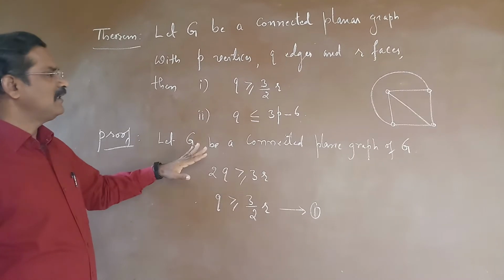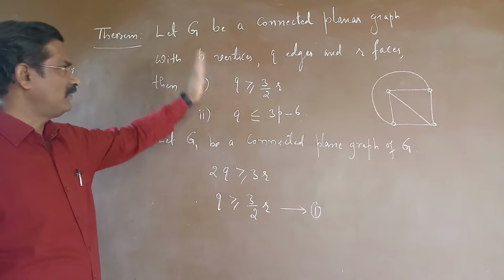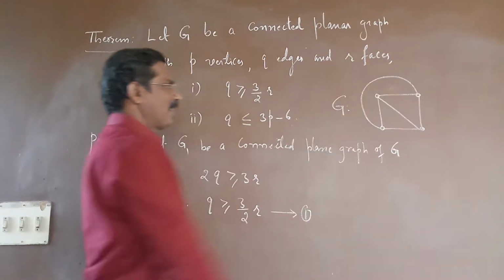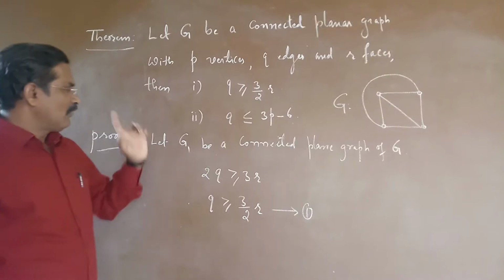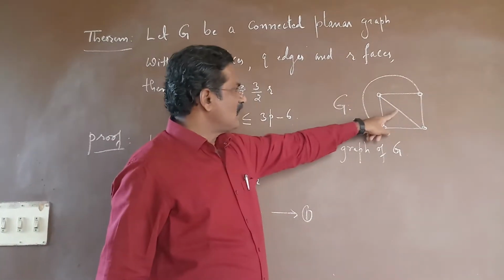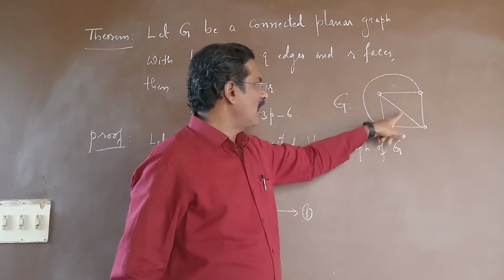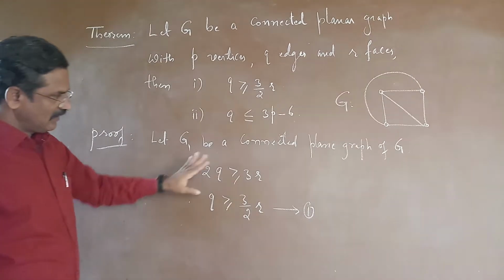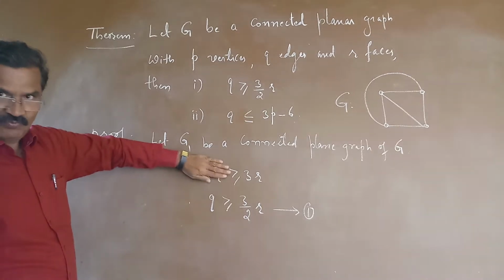Suppose G1 is a connected plane graph of the graph G. For example, this is one plane graph. Now, if we observe, one edge is exactly on the boundary of two faces, so we get 2Q on one side.